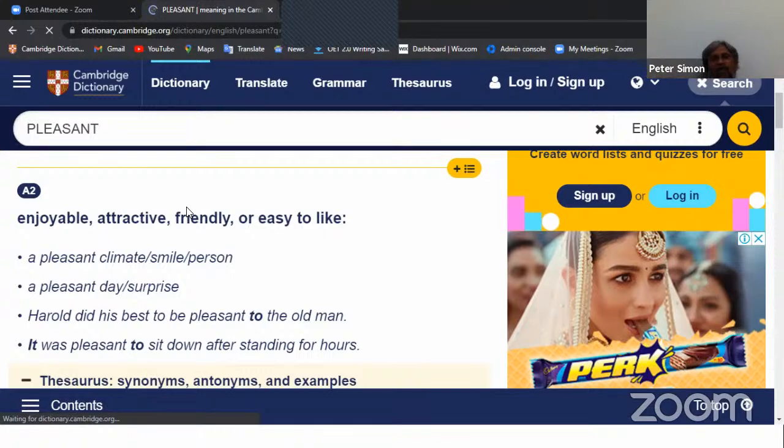Students can use this word. Pleasant. So A2 is a better word than A1. That shows that you have a better quality, but you are not a beginner now. You are an elementary level student if you are using these words.